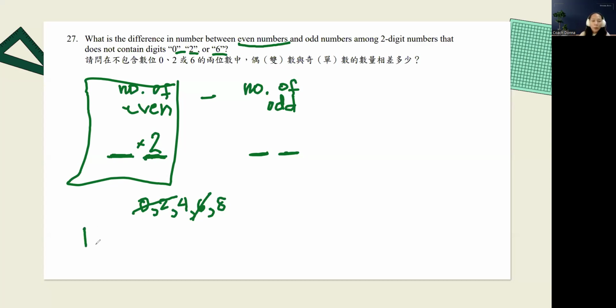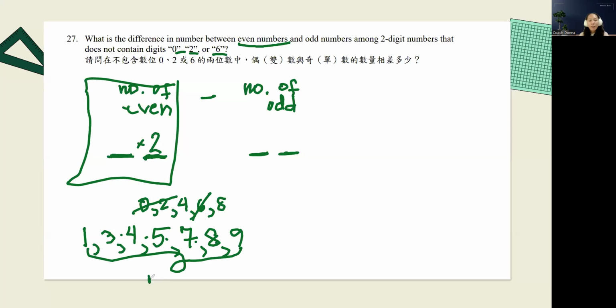So the only possible numbers are 1, we can't use 2, we have 3, we can use 4, 5, and then we can't use 6, we have 7, 8, and then 9. So this is 1, 2, 3, 4, 5, 6, 7: 7 numbers that we can use. So that's 7 times 2, which is equal to 14. So there are 14 even numbers.